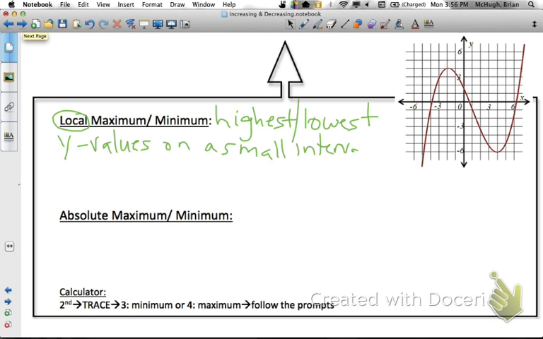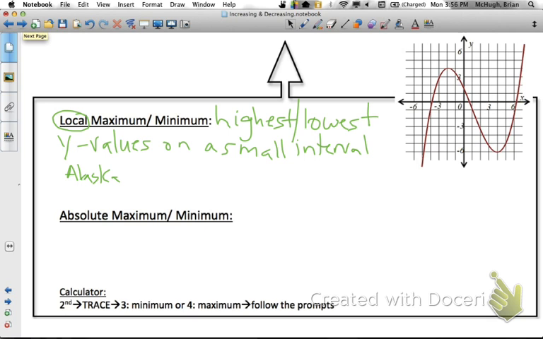And that's what local means if you think about your local newspaper or the local news or the local hospital, the local library. Those are all things on a small interval of geography, in a small town or something like that. So that's what a local max or min is: the highest and lowest y values on a small interval.